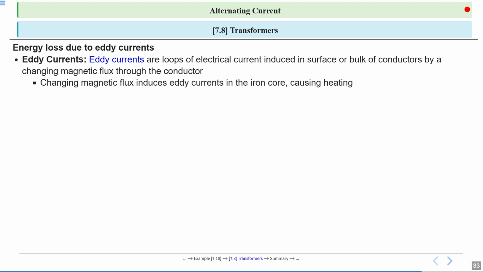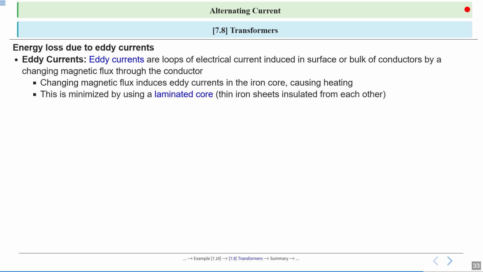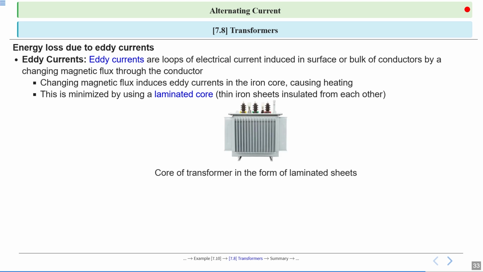Now the core is in the form of a sheet, or we can say a solid shape. Changing magnetic flux induces eddy currents in the iron core, causes heating, and due to heating, energy is lost. This is minimized by using a laminated core, thin iron sheets insulated from each other. This type of transformer you may have seen near your homes. These are in the form of sheets, a laminated core. This solid core is divided into thin sheets. If there were a solid core, a large number of eddy currents would be produced in this solid core, due to which heating is more and energy lost is more. So this is minimized by using a laminated core, thin iron sheets insulated from each other.